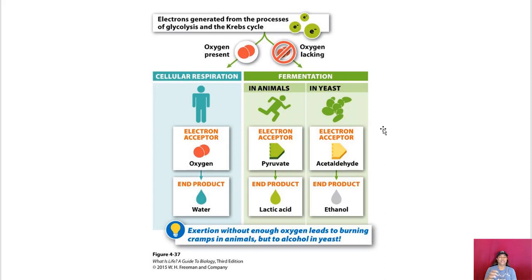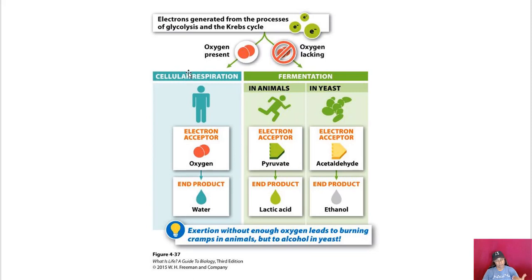Then we put in the yeast and put them in the fermentation tanks, right? Shut off the oxygen, and then we get ethanol, and we call that beer, right? So we use the fact that different organisms actually can perform their cellular respiration anaerobically without oxygen, and our end product is going to be ethanol.